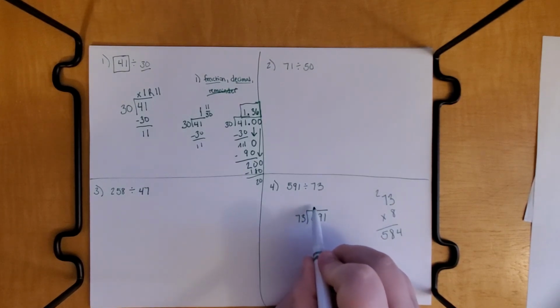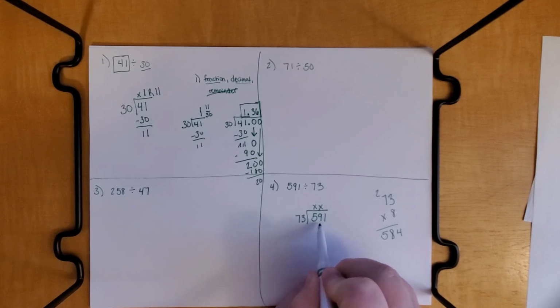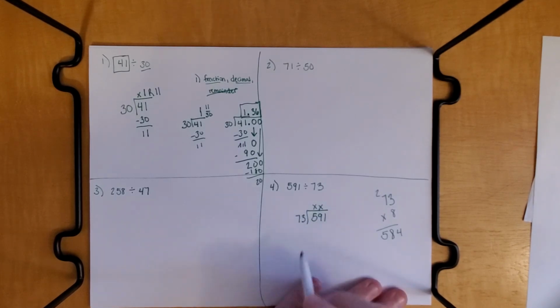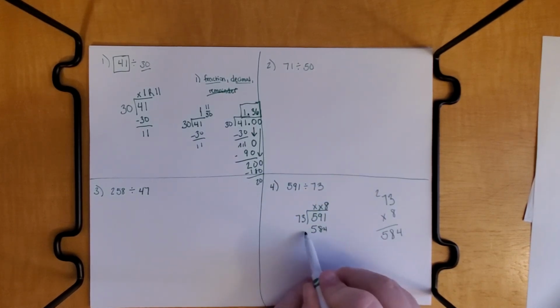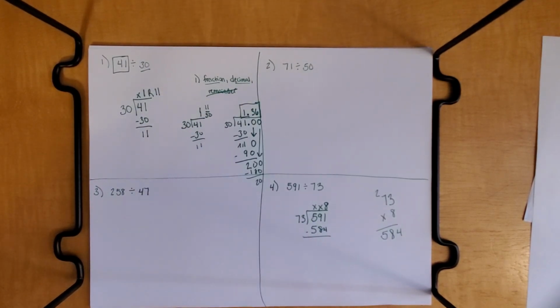I didn't put that in right here because I didn't work with 59. I worked with the whole 591. So it went in 8. I know I have 584. After that, it's just subtracting and finishing off with these kinds of methods.